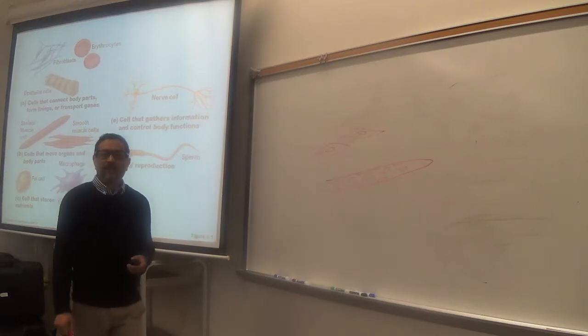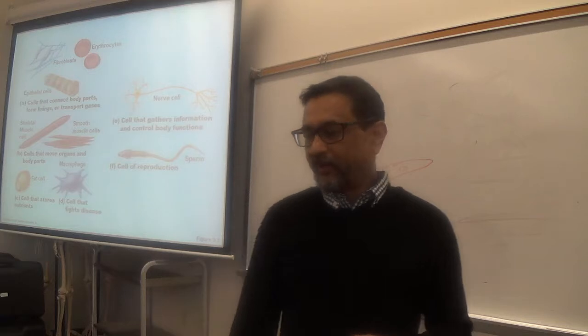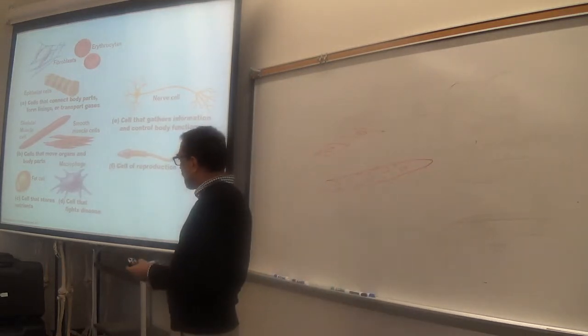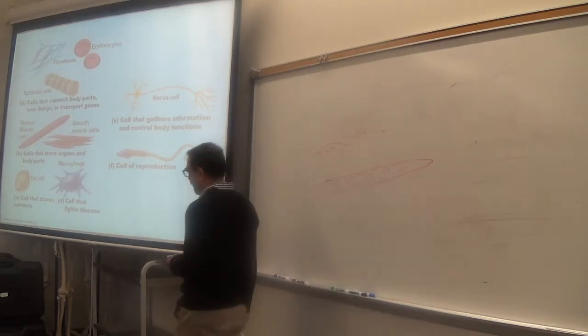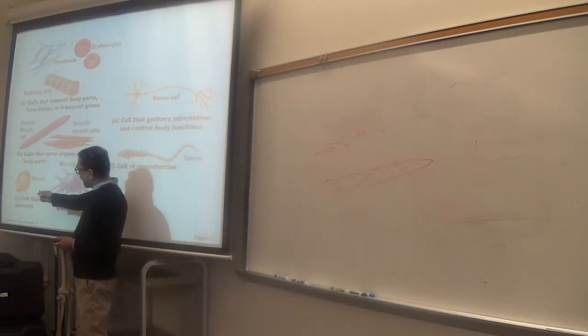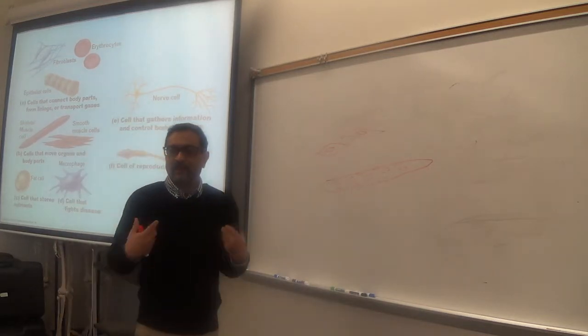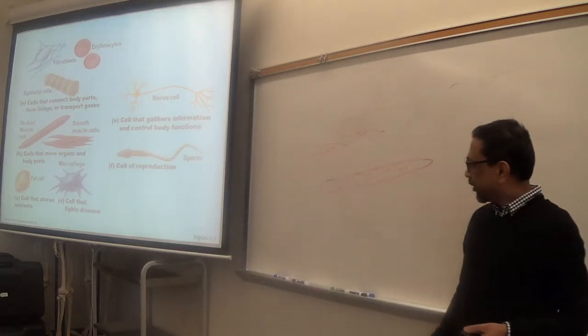Make sense? But inside the cell, you have fat droplets. Fat tissues provide energy. So function is storage of energy. Fat cells store energy. Make sense? When your body needs, they will release the energy.